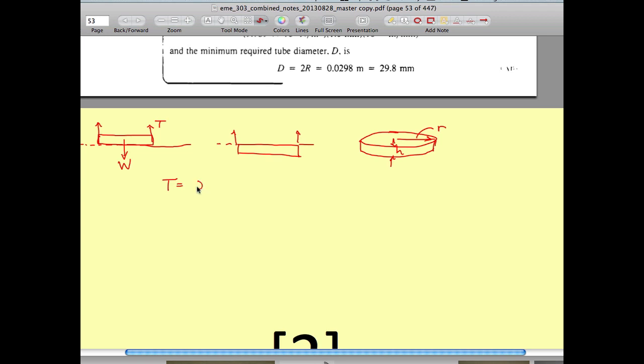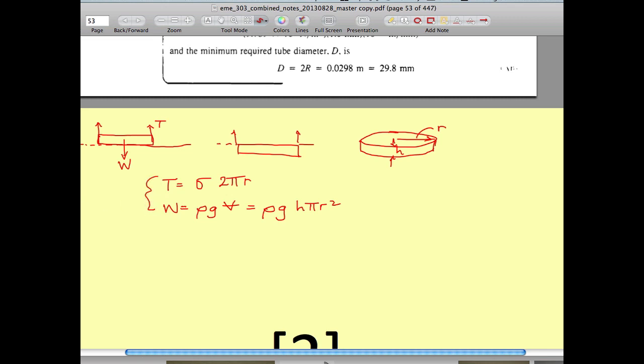It's going to be the interfacial tension, and it's going to be the circumference, which is 2 pi r. The vertical force is going to be equal to the density of the metal, gravity, and its volume, which is going to be equal to the height multiplied by pi r squared.